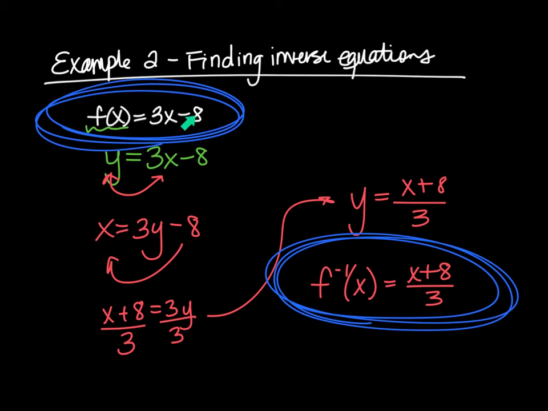For example, what's the opposite of minus 8? Plus 8. So they have opposite operations there. And then what's the opposite of multiplying by 3? Well, it's dividing by 3. Now, I'm not saying you can skip from here all the way to there just by doing that, but it is one way to kind of check that you're in the right ballpark, is that you should end up with opposite operations for your new equation.